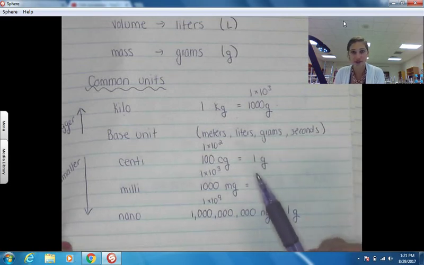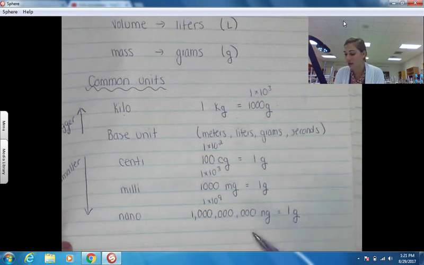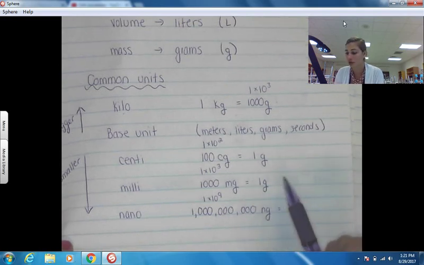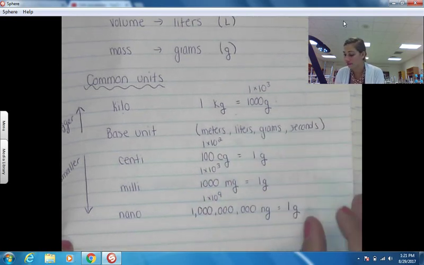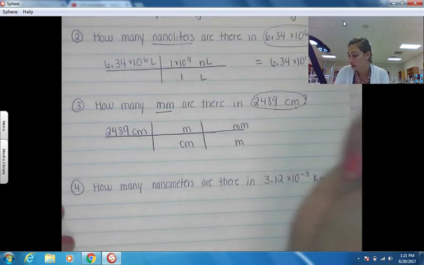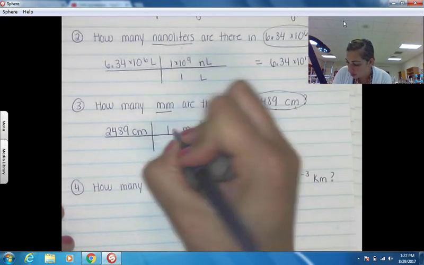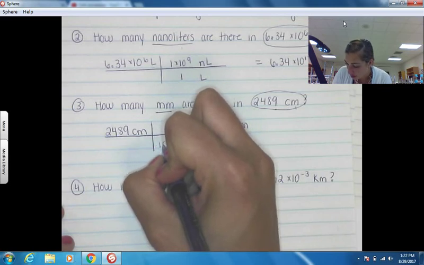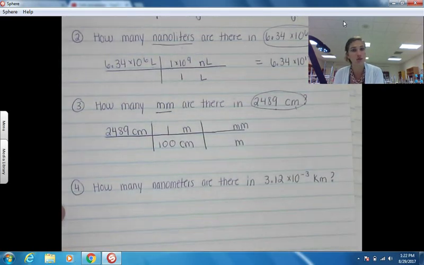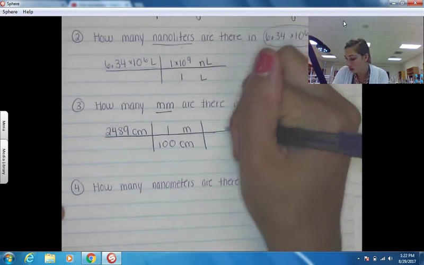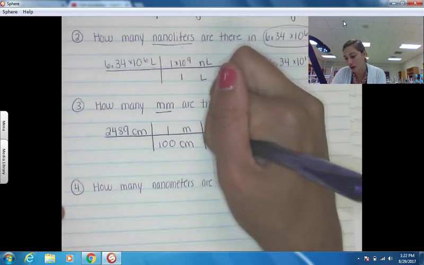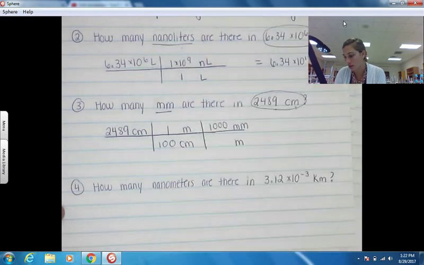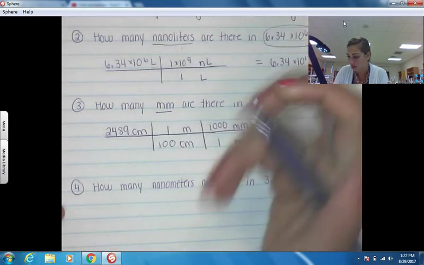I have to know how many centimeters there are in a meter. I have to know how many millimeters there are in a meter so I can set up my conversion factors. So I know that for every 1 meter, there are 100 centimeters, or 1 times 10 to the second. Here, next to millimeters, I know that there are 1,000 millimeters in every 1 meter.